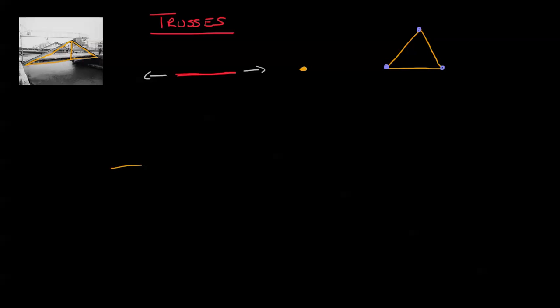You have this one long member, and let's draw out the forces. You have a supporting force here, and maybe it's also pushing this way. You have a supporting force on the other side, and then you have a force in the middle, and so it's going to try to bend it. It's going to be some sort of moment.